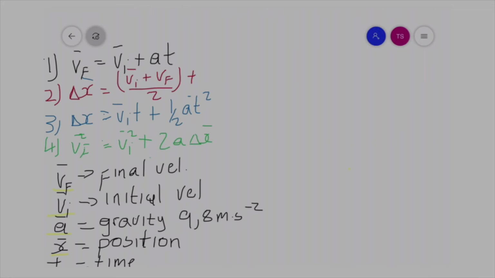Now in these first four, they are vectors. So whenever you calculate these, you need to include what? You need to include your direction.